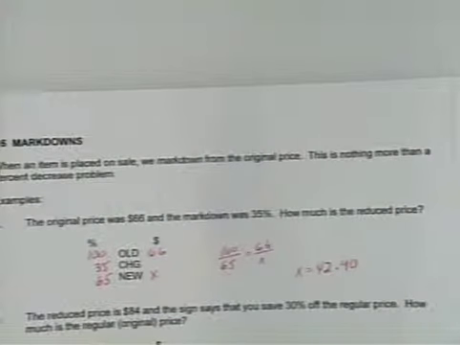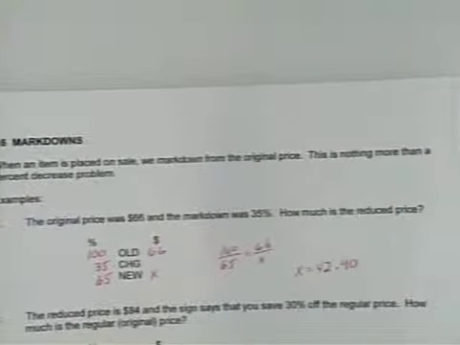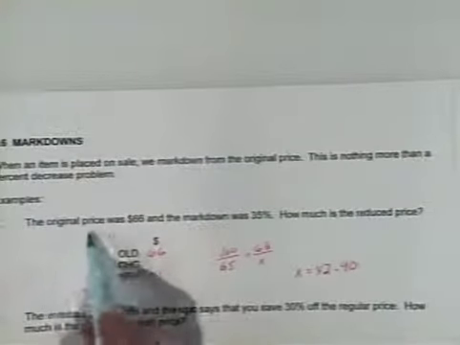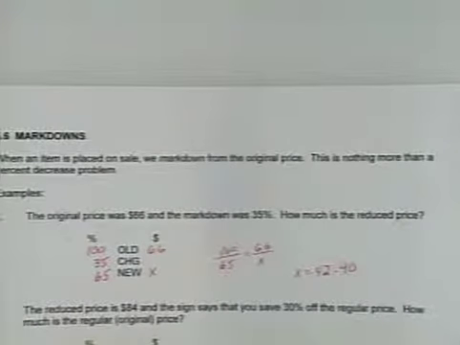When we do markdowns, we're going to go back to old, change, new, okay? It says the original price was $66. The markdown was 35%. What amount is the reduced price? The markdown is always from original price. So markups can be from cost, markups can be from selling price, but markdowns are always from old. So we want to go back to the old change new table.